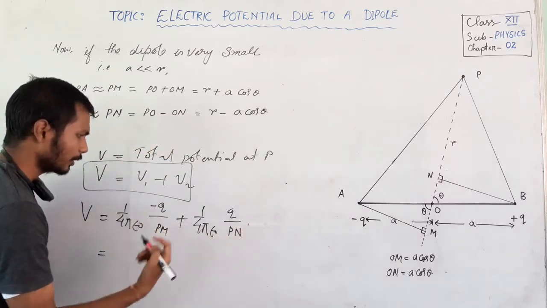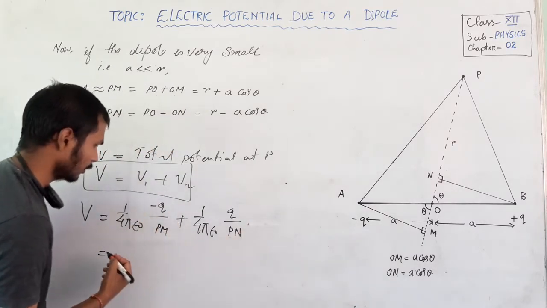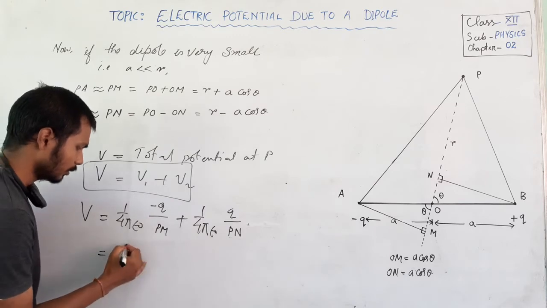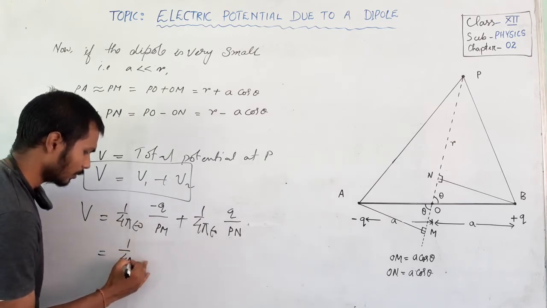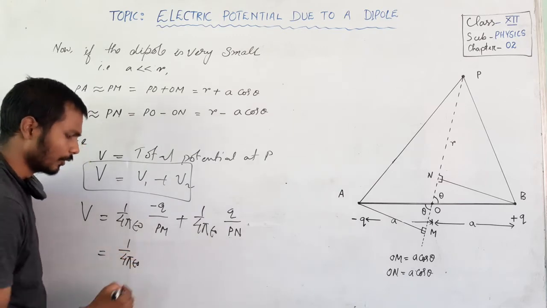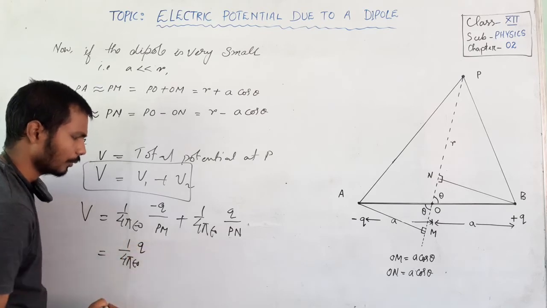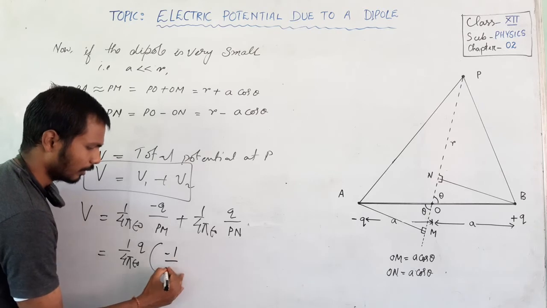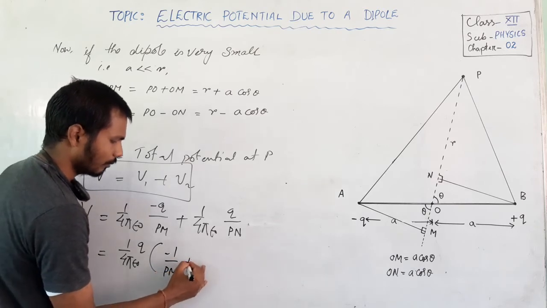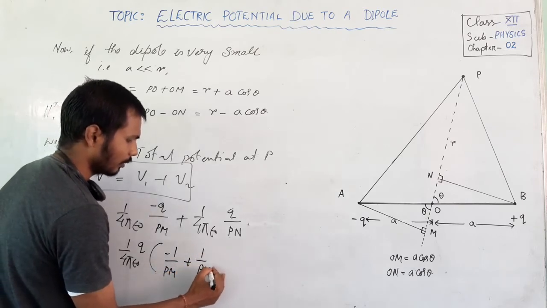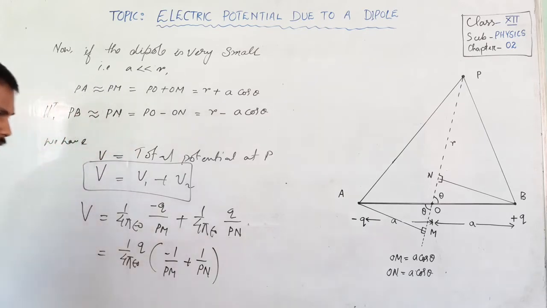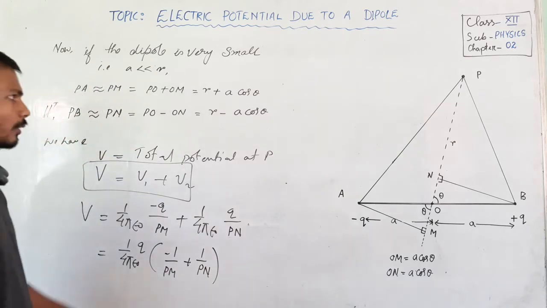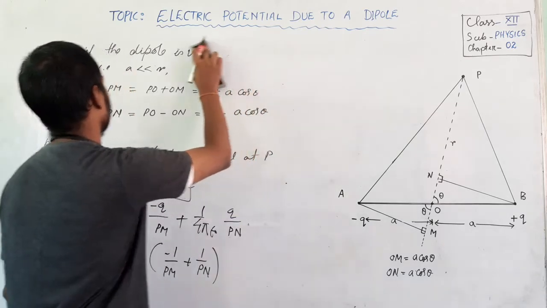Now take out the common terms. What are the common terms? 1 by 4 pi epsilon naught Q, inside bracket minus 1 by PM plus 1 by PM. Then clear up to this. I am writing this.